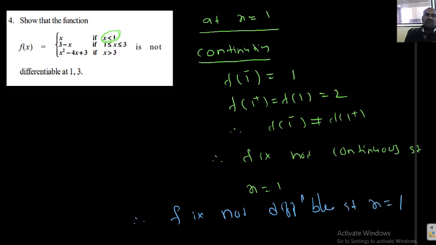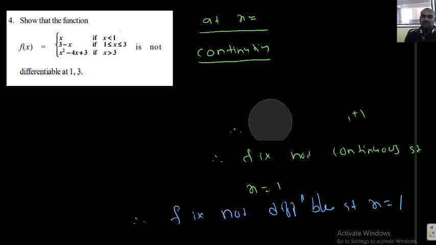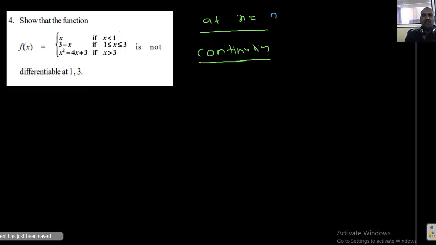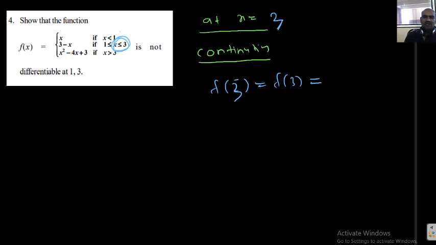Okay. Now I want to check continuity and differentiability at x equal to 3. Students, continuity first of all: f of 3 minus, f of 3 minus and f of 3, both are the same rule.